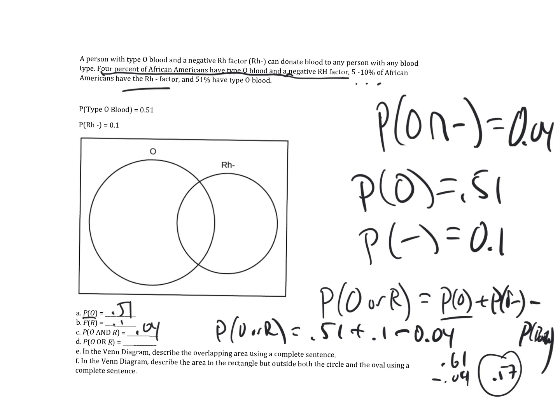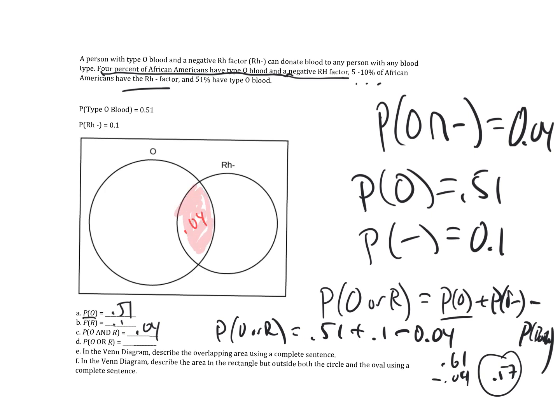So how does that graph? Maybe the addition rule formula works well for you. Graphically, when we think about the Venn diagram, they're telling us that 4% of people have both O and Rh negative, and that's that little lens, that area in the middle right here. Let me get fancy and do some shading.